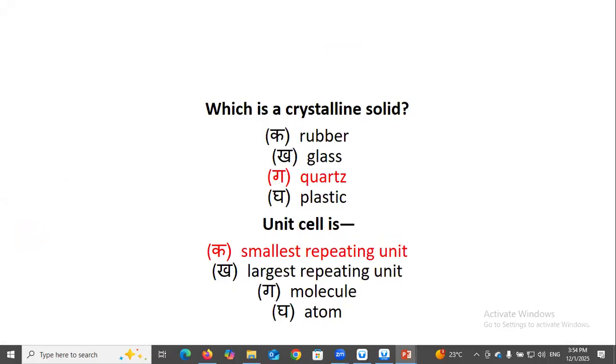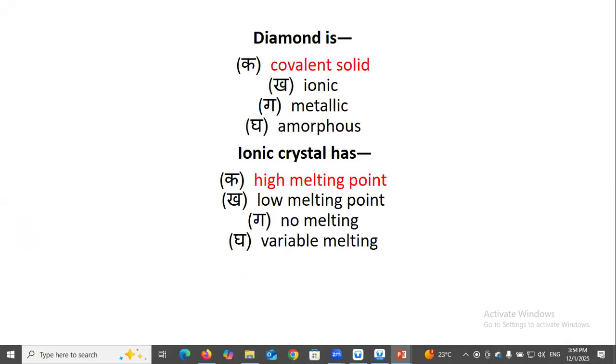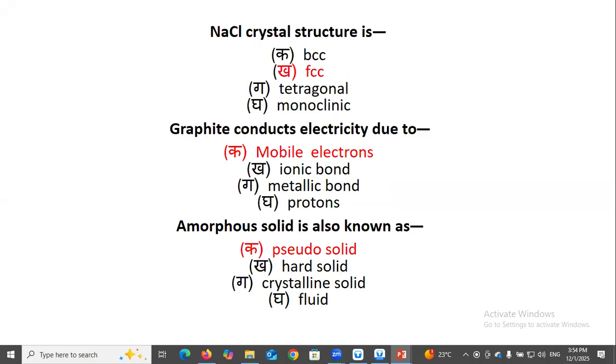Which is a crystalline solid? Quartz. Smallest repeating unit is the unit cell. Metallic bond exists in metals. Which one is amorphous? Glass. Diamond is covalent solid. Ionic crystal has high melting point.